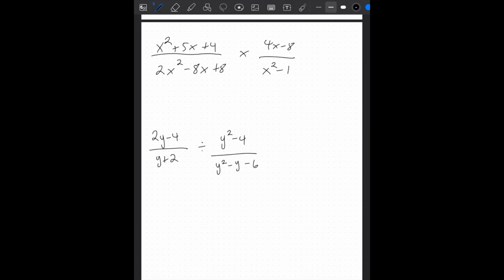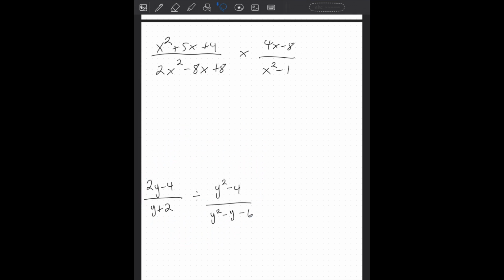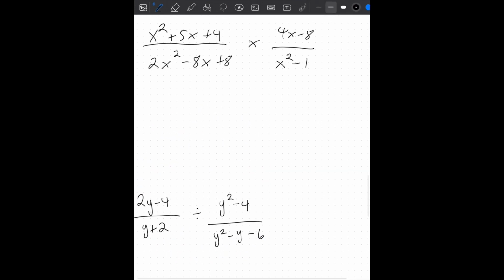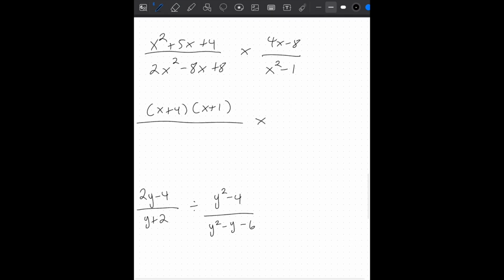All right, now let's try some of these. So the first one, I'm just going to create a bit more space. Move this down. First thing I'm going to do is factor everything. So it'd be x plus 4, x plus 1. And then this, you can take out a 4 and have it be x minus 2.